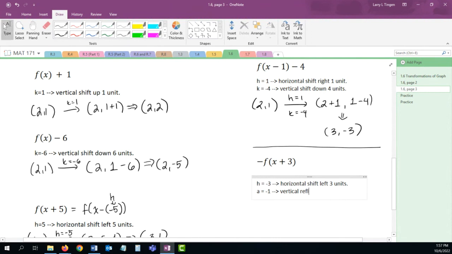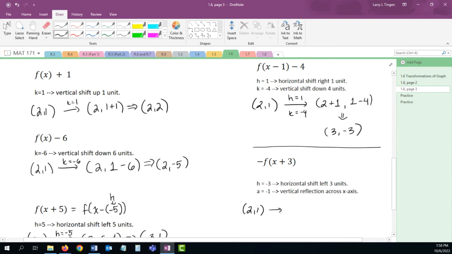So vertical reflection across the x-axis. What is that going to look like if I graphed it? If I take my point and I do both of these things, I start out again at 2, 1. And the problem tells me to take things in order.